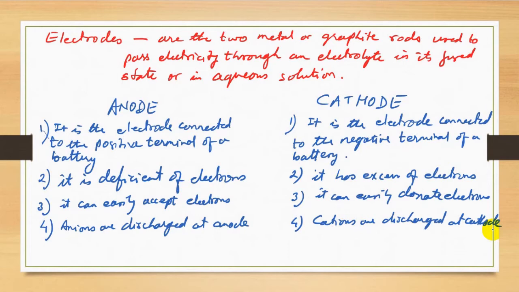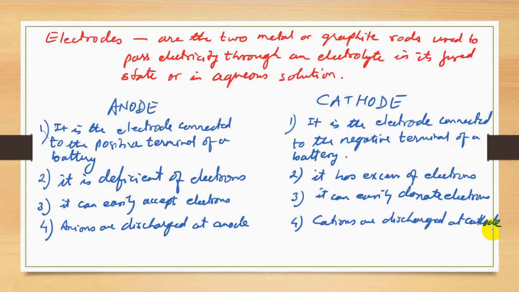Apart from this, if I take the flow of electrons, electrons flow from which end to which end? What is the direction of flow of current? Current flows from positive to negative or negative to positive? In physics, you have already done this. In which direction will it flow?